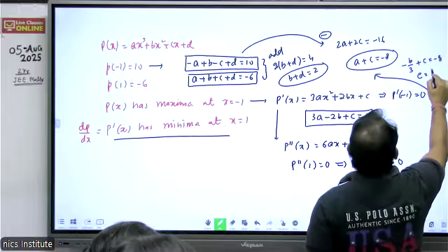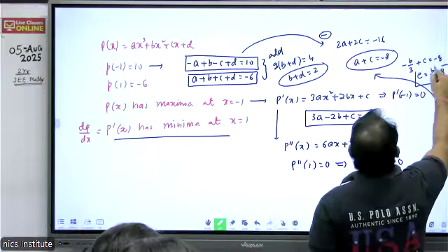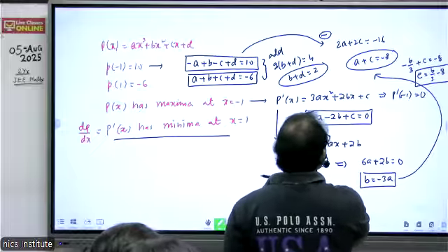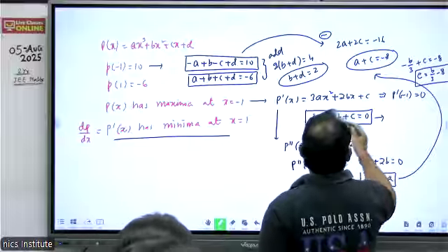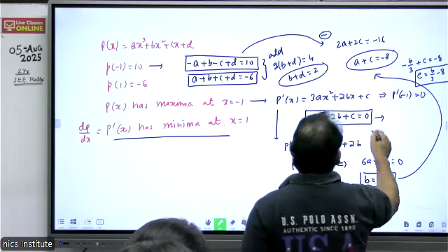C is basically b by 3 minus 8. Then you can use this. Replace a in terms of b, replace c in terms of b, get the value of b.